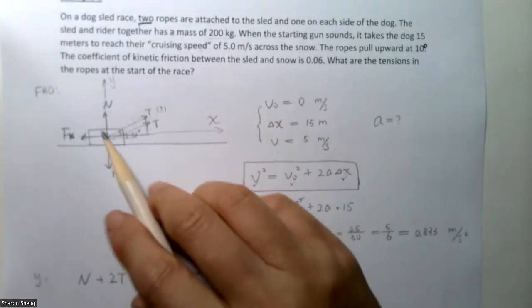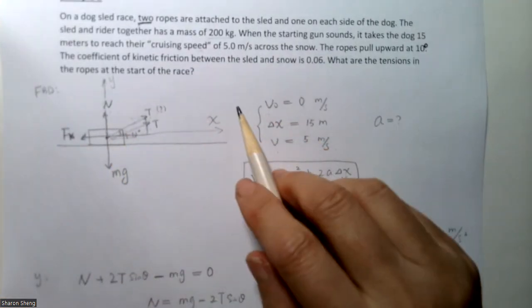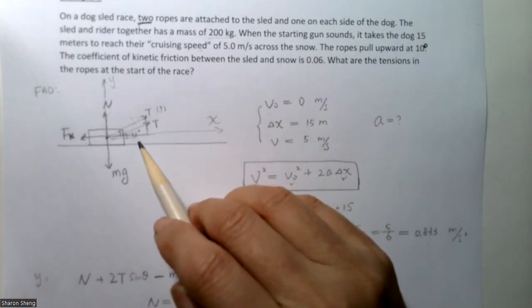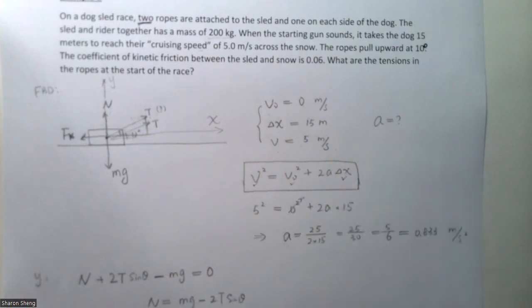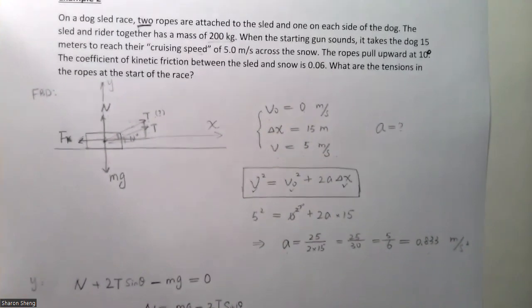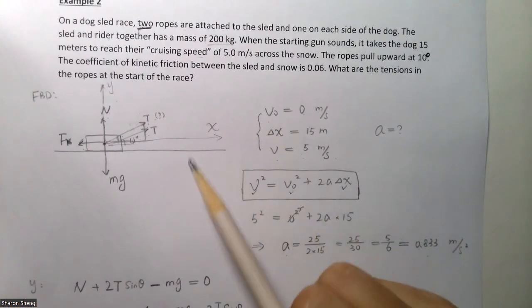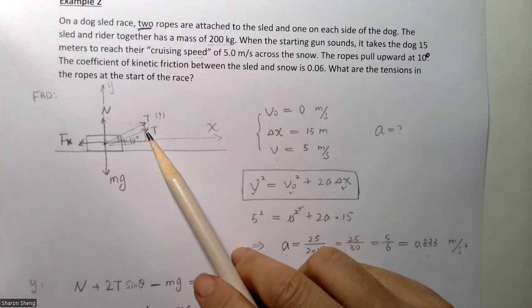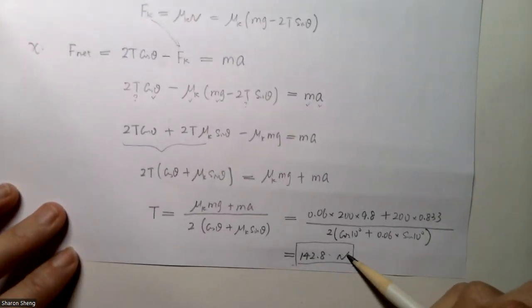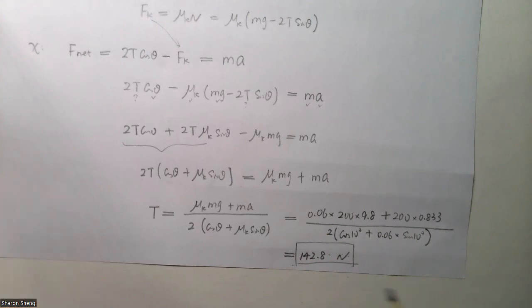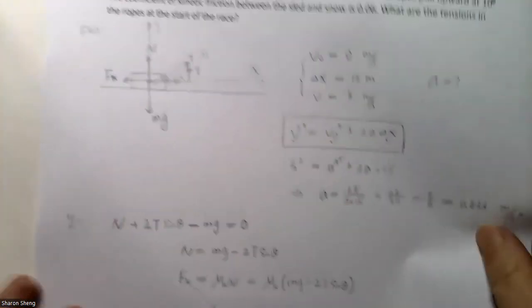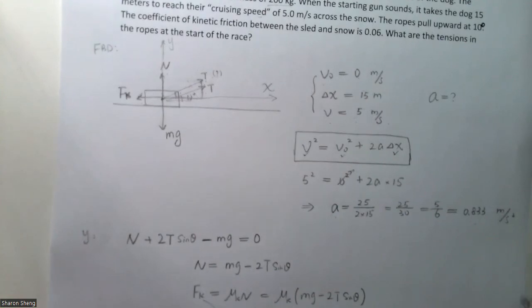When the sled is speeding up from 0 meters per second to 5 meters per second during this process, the tension in the rope is equal to 142.8 Newton. Okay, that's the tension in each rope. There are two tensions applied on the sled.